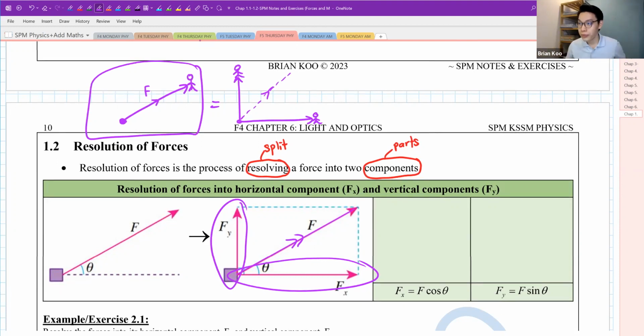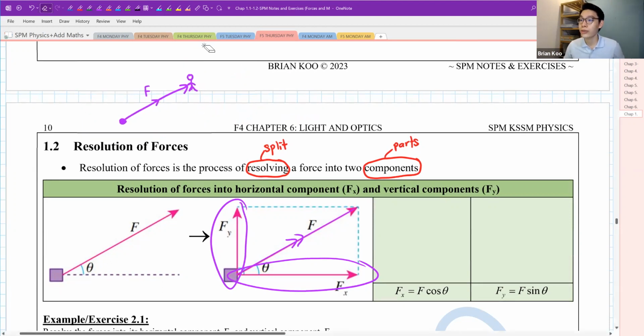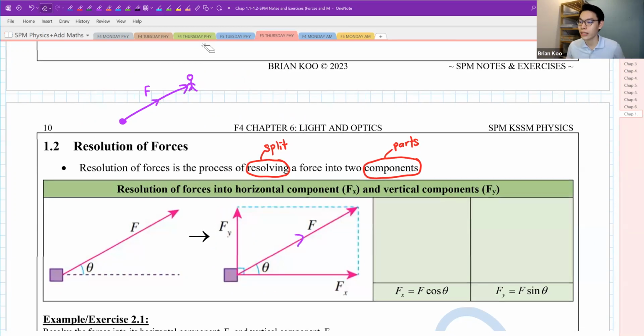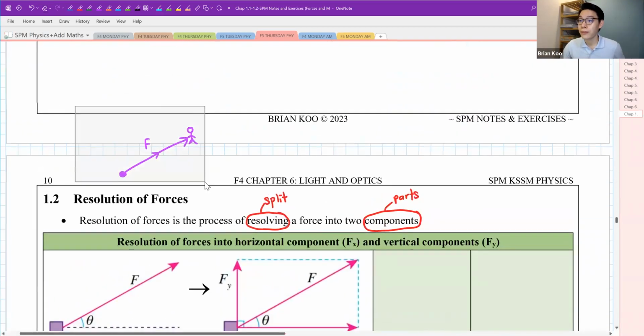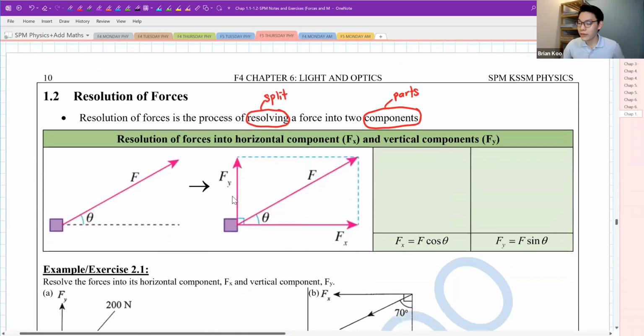Okay, so yeah, don't worry about this first. I'm going to show you how to calculate that Fx and Fy. Later, you will see that it will all make sense and link back together with what you have learned in the previous topic. So bear with me first for now.